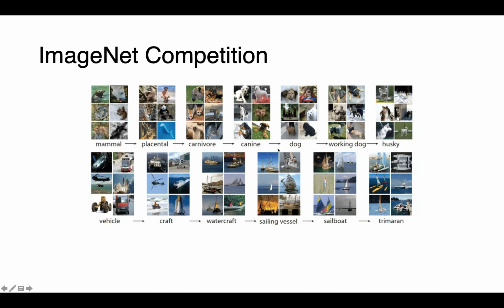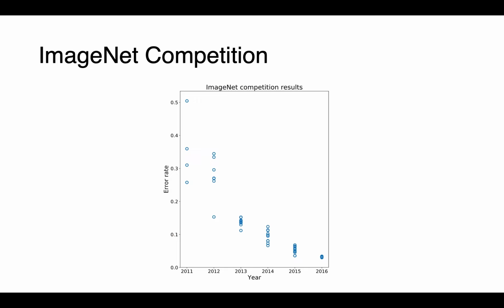Okay, so convolutional neural networks have been successfully used in image processing, and a famous image data set is called ImageNet. They have a competition each year, and we can see that in 2012 the model gave a very small error and significantly outperformed other models.